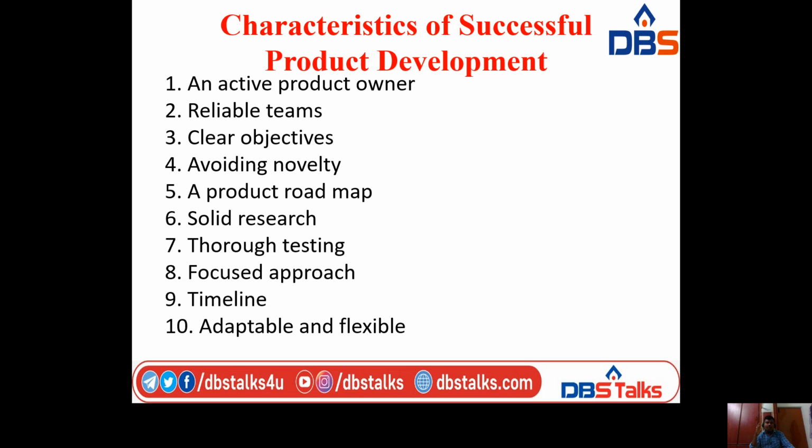Our product, our project should stay on the roadmap. If it is deviating, what is the cause of the deviation? What is the problem or pitfall of the deviation? You have to check. Every product should have a proper roadmap. That roadmap is very important for successful product development.